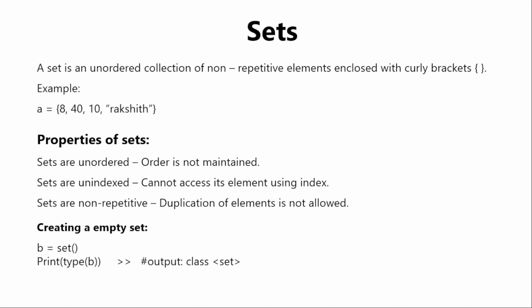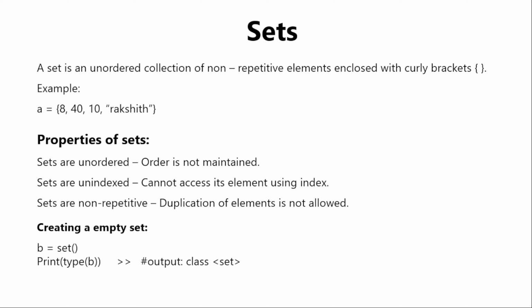What are its properties? Let us look at them one by one. Sets are unordered. As I said, the order of the sets is not maintained. For example, create a set by adding the elements 1, 2, 3. If you try to print it again, the order may not be maintained in the same way you have inputted it. I will show you an example for all three properties. Sets are unindexed.